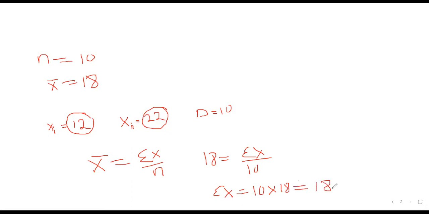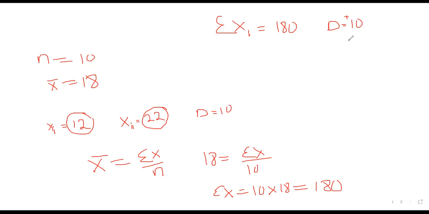Now to correct this mean, we have the original summation of X, which is 180. Then we have a difference of 10. Instead of writing 12, we wrote 22, so we added a 10.